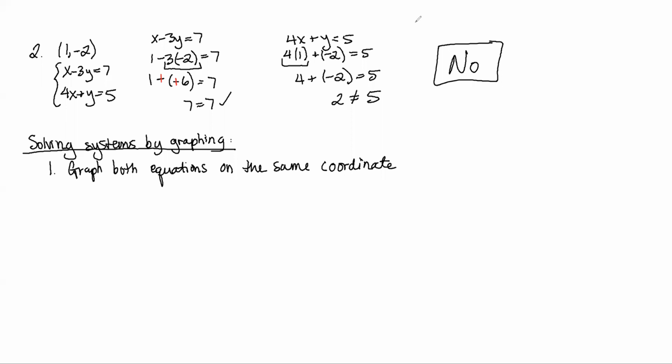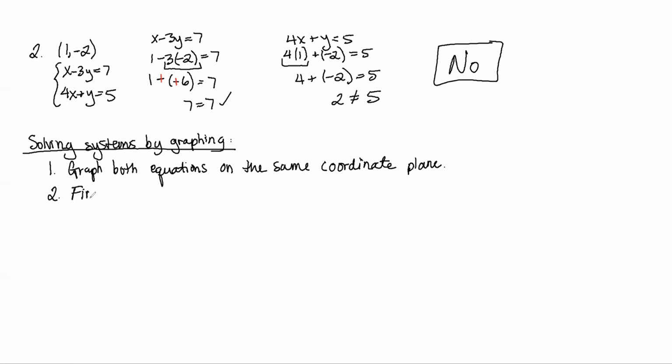If you have graph paper, definitely use it, especially for these, because you want to see, well, this will be the second step I write out in a second, but we're looking for where the lines intersect. And if your graph is a little off, it's kind of hard to see exactly where it is, so you have to estimate. But if you're on MyMathLab doing the homework, you can definitely see where the lines intersect because they have the nice coordinate plane set up for you.